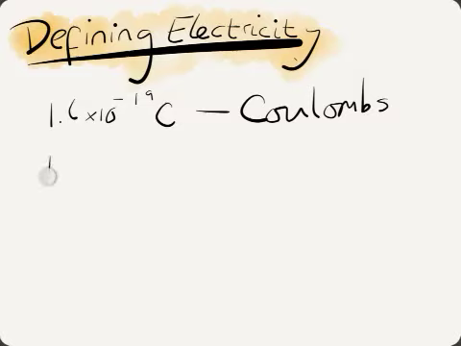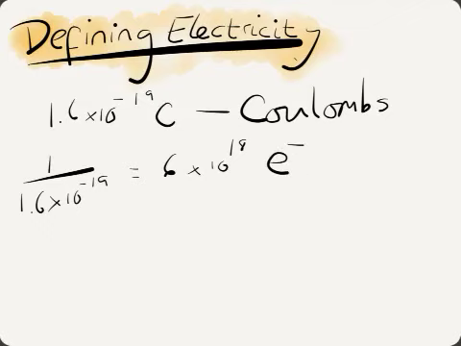To calculate the number, not that you will have to, you just do 1 over 1.6 times 10 to the minus 19, and it gives you a figure of roughly 6 times 10 to the 18. So in 1 coulomb of charge, there are 6 million trillion electrons. That's quite a few.